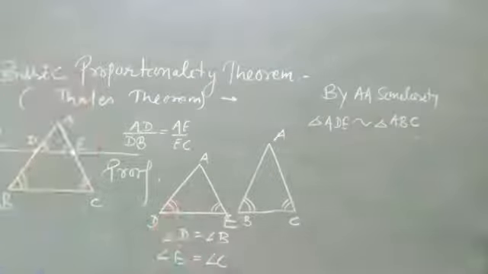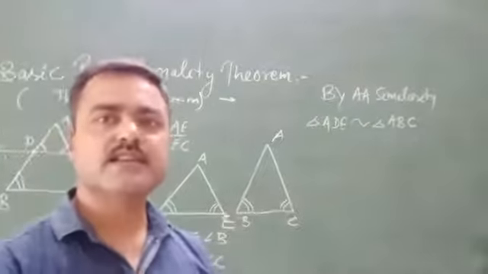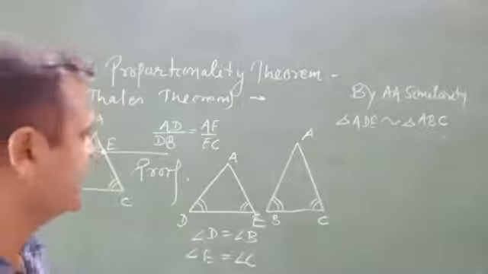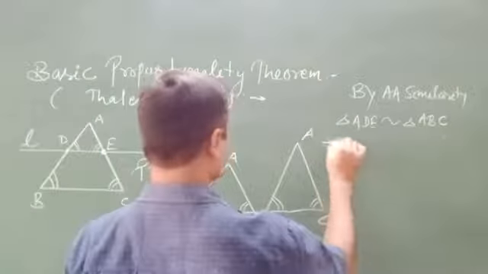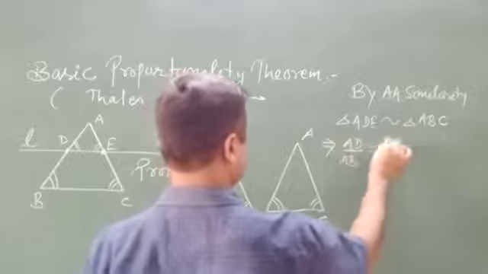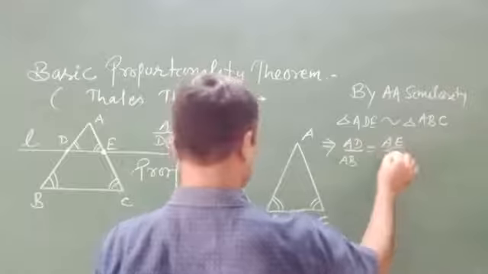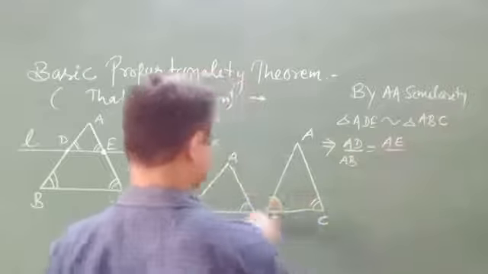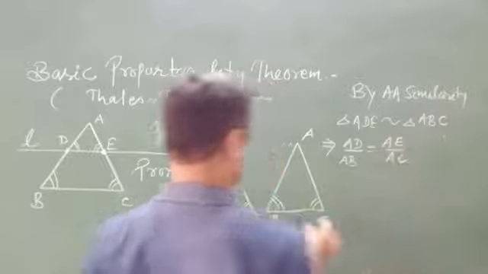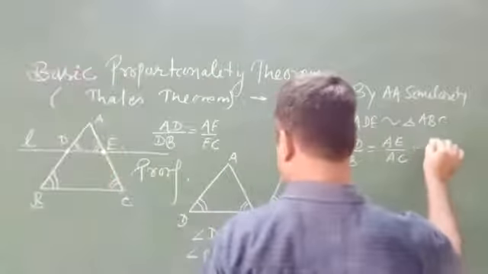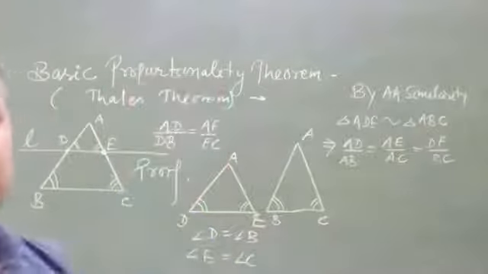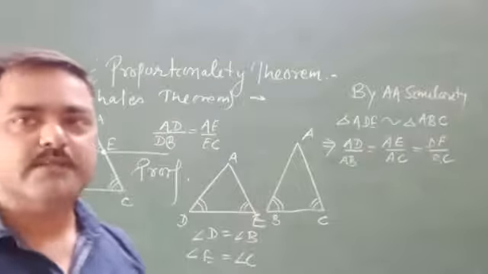These two triangles are similar, and if these two triangles are similar, then definitely the ratio of their corresponding sides will be equal. Then it implies AD upon AB equals AE upon AC equals DE upon BC, because these two triangles are similar.